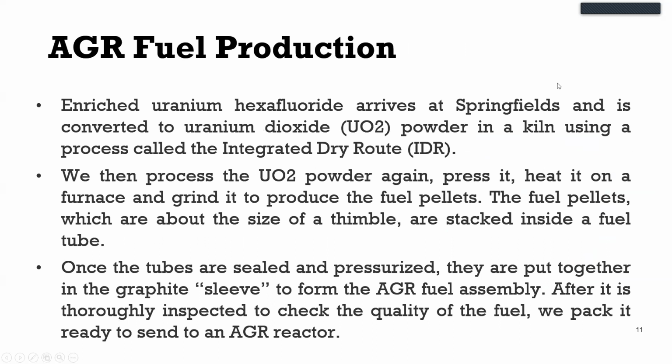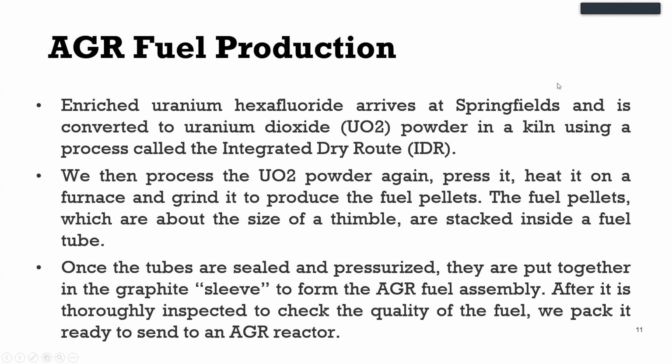So you can ask yourself how the fuel used is produced. Enriched uranium hexafluoride arrives at Springfields and is converted to uranium dioxide powder in a kiln using a process called the integrated dry route. We then process the uranium oxide powder again, press it, heat it in a furnace, and grind it to produce the fuel pellets.